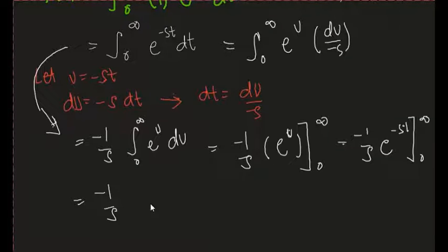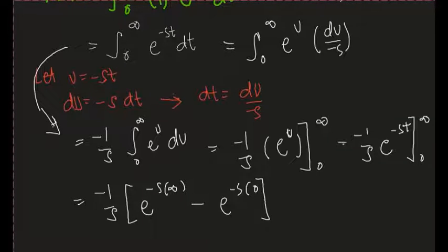Negative 1 all over s, so perform na natin ang definite integral, so substitute kita value. So this will be equal to upper limit minus the lower limit, so this is equal to e raised to the negative s multiplied by infinity, then minus e raised to negative s multiplied by the lower limit, which is 0.